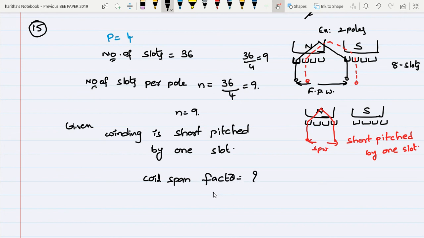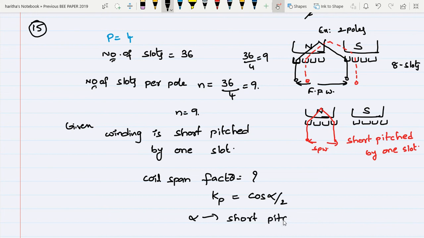This coil span factor is also called the pitch factor, indicated with Kp. Kp is equal to cos alpha by 2. This is the formula. Here alpha is nothing but the short pitch angle.